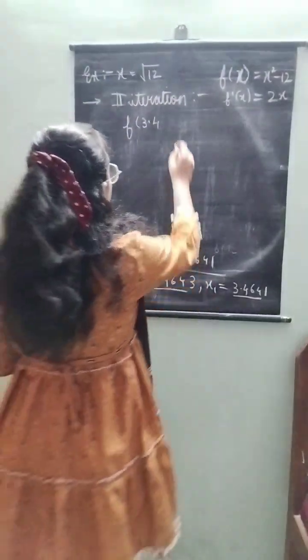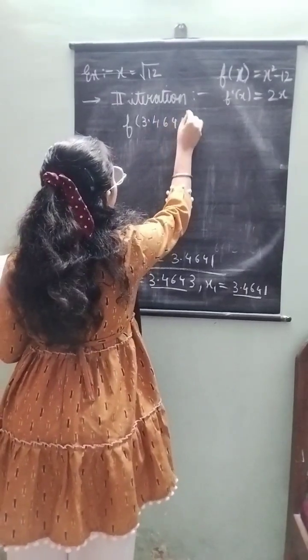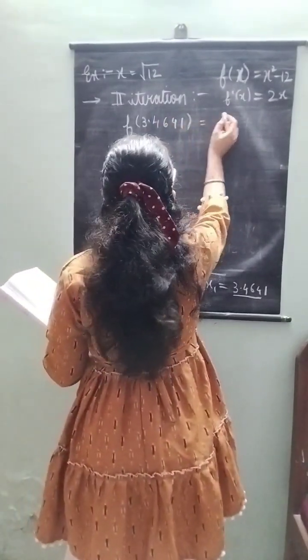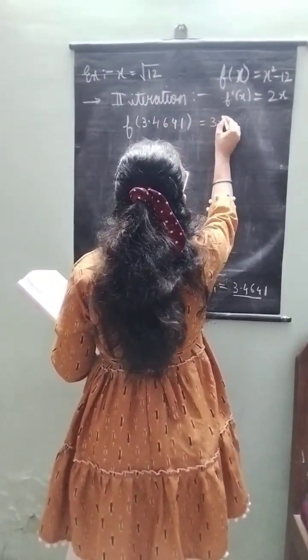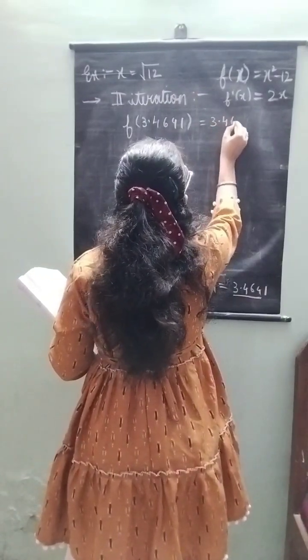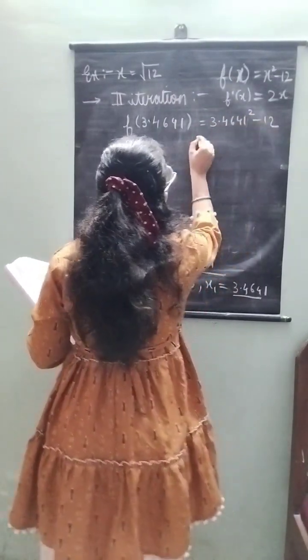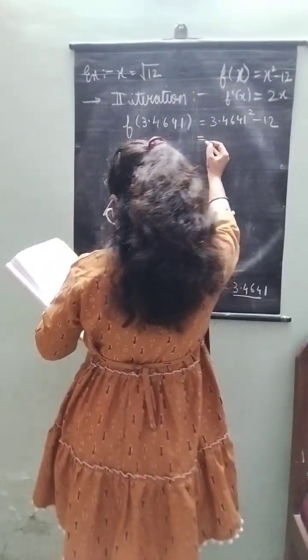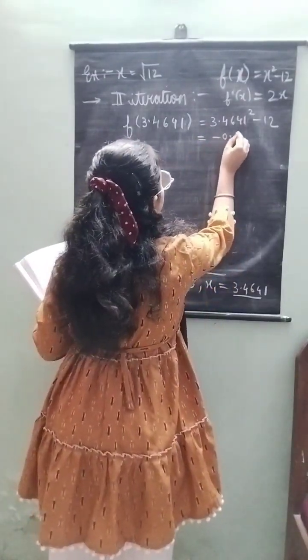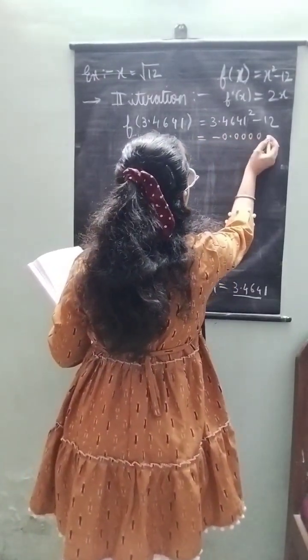Let us find f of x for 3.4641, which is 3.4641 square minus 12. It approximately comes to minus 0.0000.